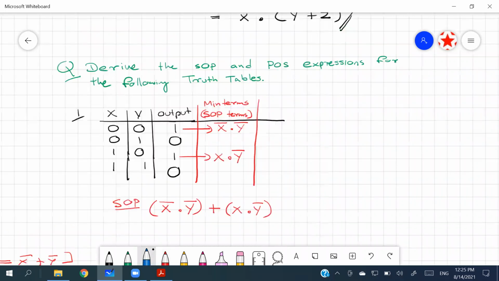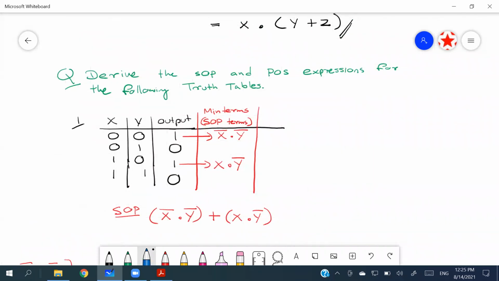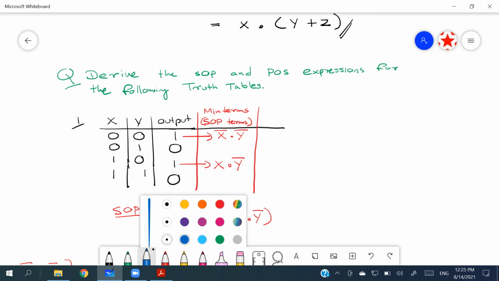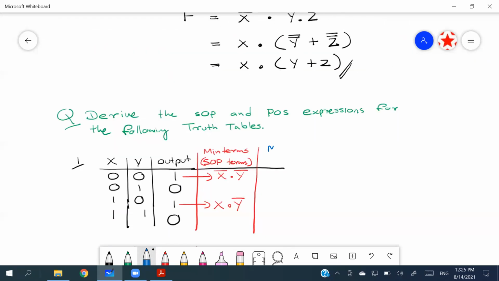And if you are going to write the POS, now POS has this term called max terms, right? So that is for the POS terms. So max terms considers zeros. So this has 0 and 1. So we can write how? 0 indicates x, 1 indicates y bar.